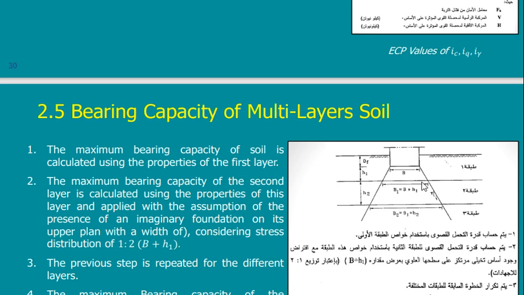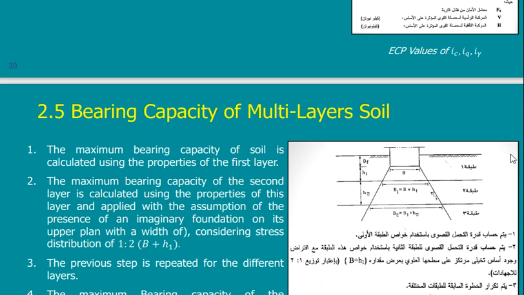It means that, instead of wasting your time, if layer 1 is the weakest layer and it has the higher stress, then I don't need to check other layers, because the weakest layer is subjected to the highest load. If it is safe, then all the others are safe.